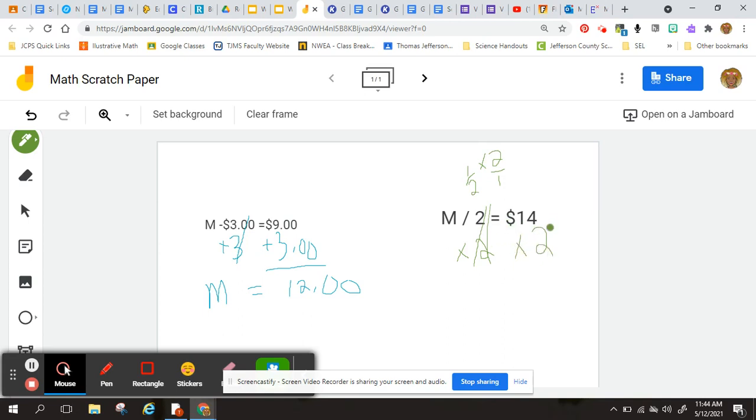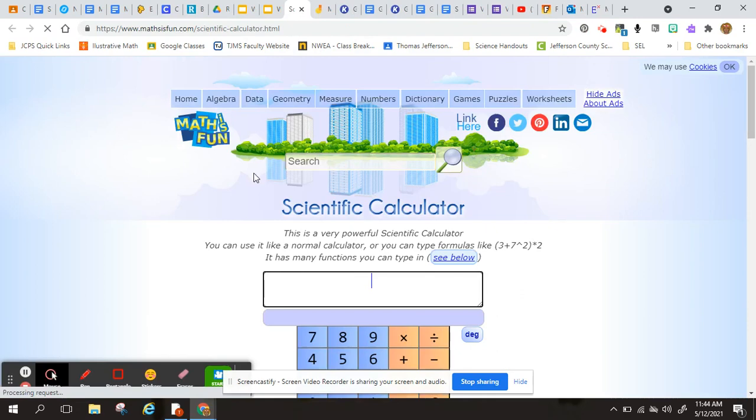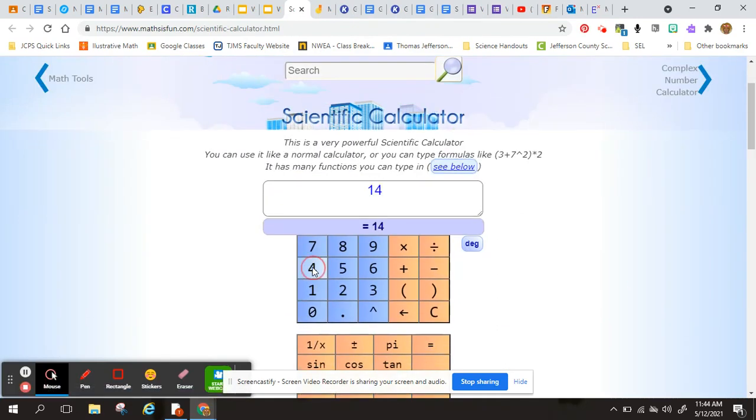All right. So now we can take it and put our 2 over here. So now we just need to multiply 14 times 2 to figure out our answer for M. So M equals whatever that is. If I don't know what 14 times 2 is, I am going to go back to the slide, open up my calculator, and punch in 14 times 2 to get my answer. 14 times 2. Oh, look, 28.